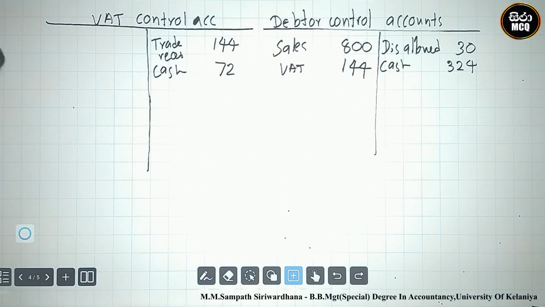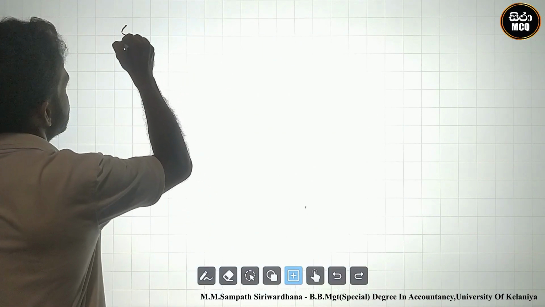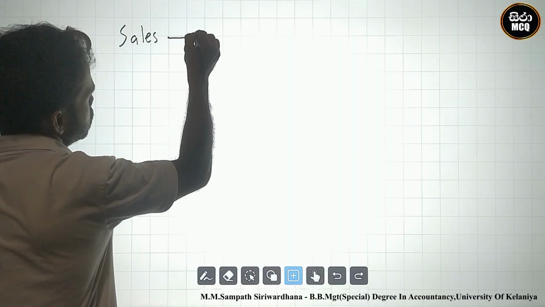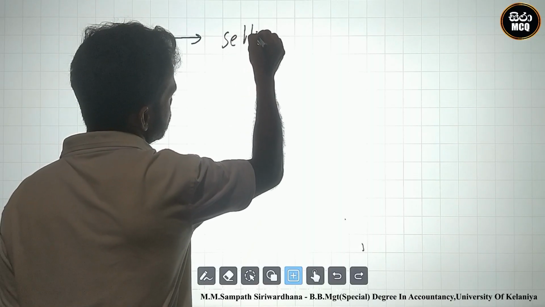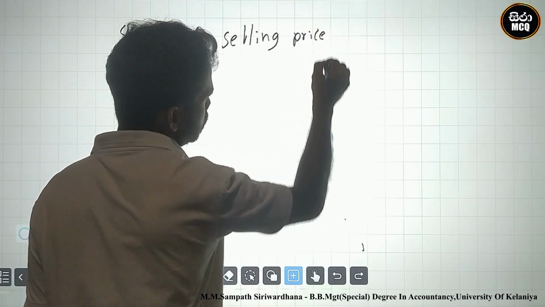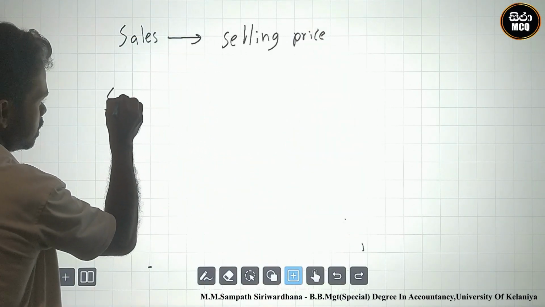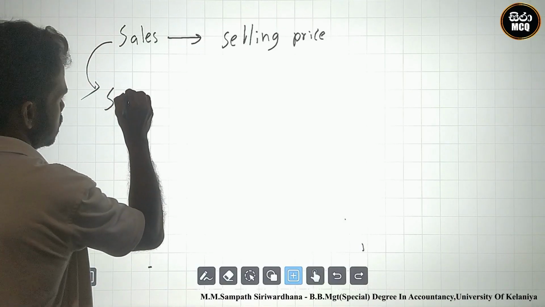You know, at the sales point we only focus on the selling price. Ignore the cost. A sales return means the opposite side of this.